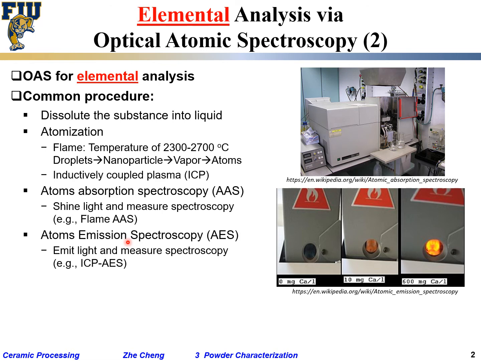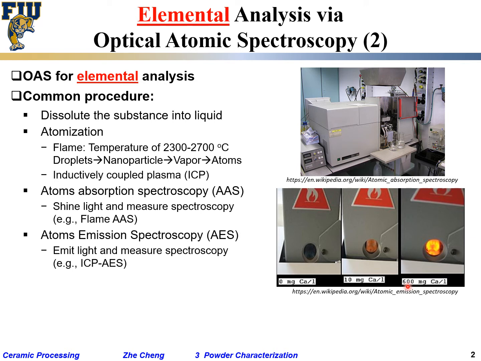For example, here it shows different concentrations of calcium within probably a liquid, and it shows certain wavelengths of light at different intensities. The intensity is related to the concentration, and the frequency is related to what types of atoms.